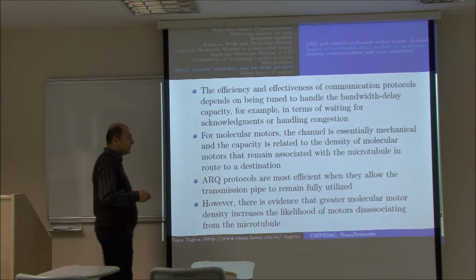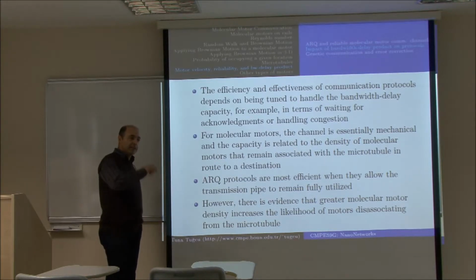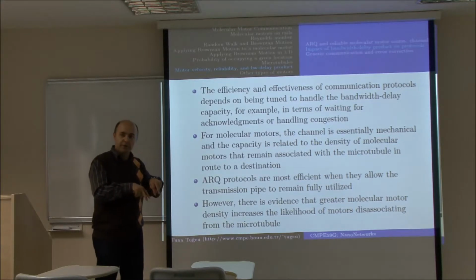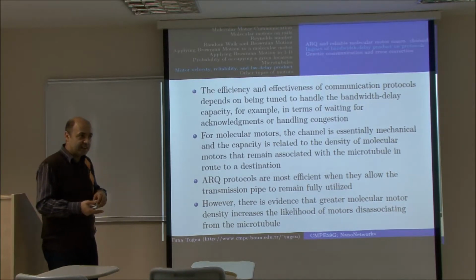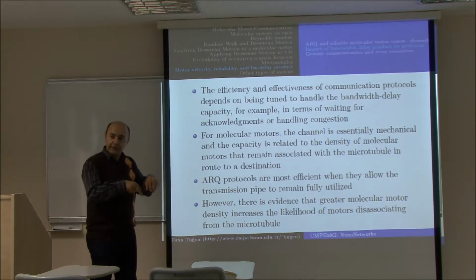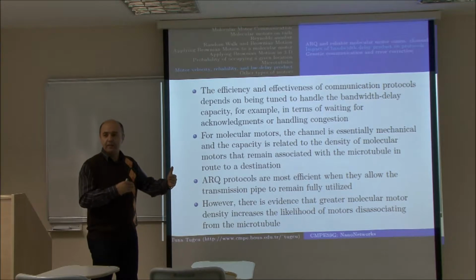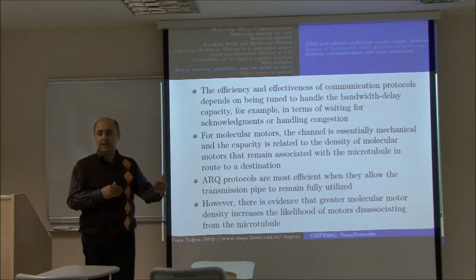And the capacity is typically related to the density of the molecular motors. So now going back to that water pipe example, if you can put the molecular motors one after another on the channel, you will increase your efficiency. That's obvious. But remember, we said that when there is a congestion of these molecular motors, when there's a high density of the molecular motors in a given part of the rail, the probability that these will be detached from the rail is higher.